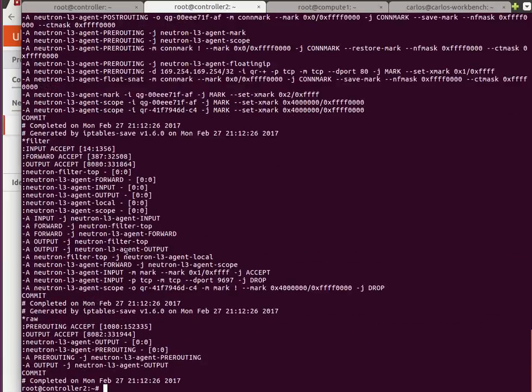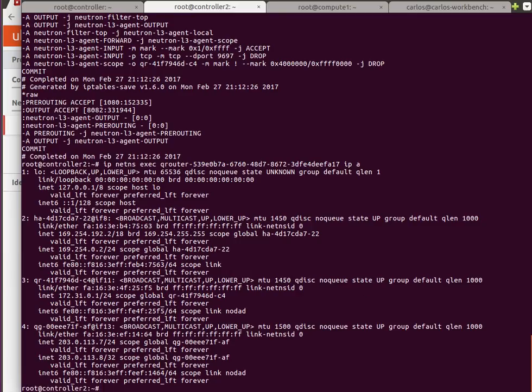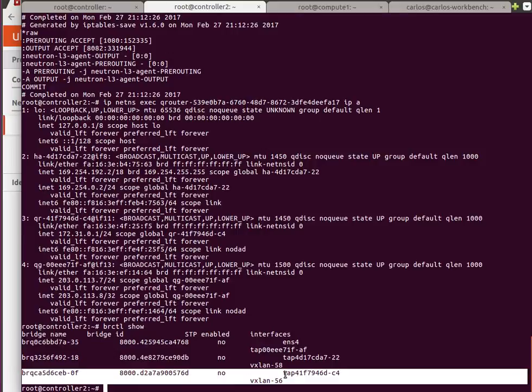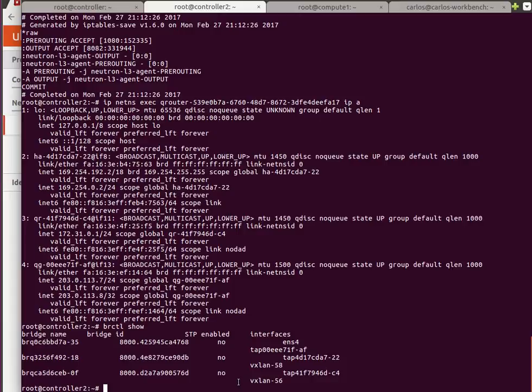Now, once that packet has been translated, because it's translated to an IP address in this range, it will be forwarded to this interface. Where is that interface connected to? We determined that it's connected to this bridge. So that packet would just get forwarded out into the broadcast domain that's associated to VXLAN 56.